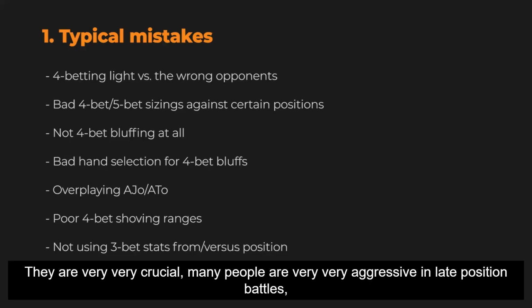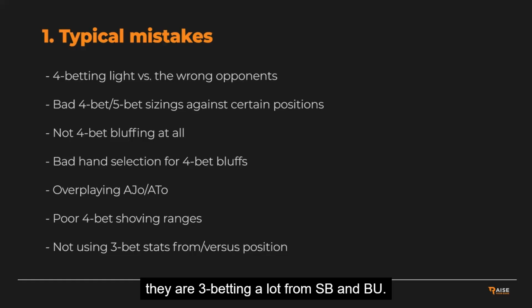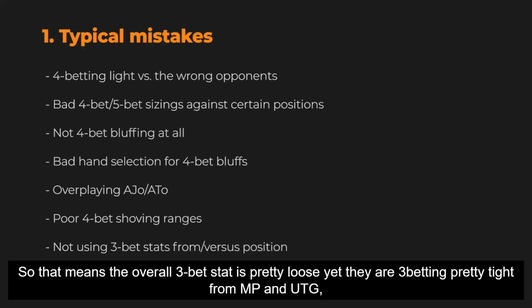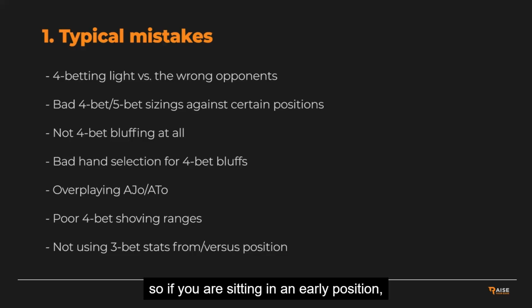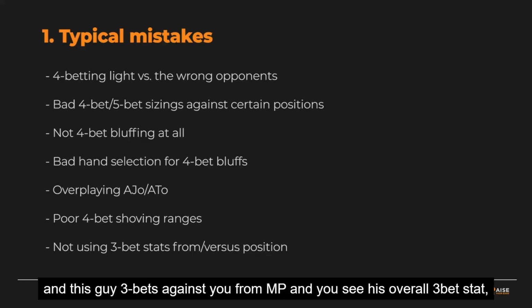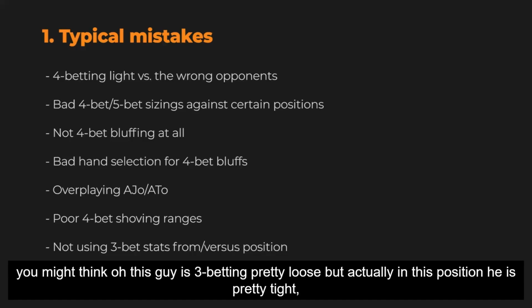They are very crucial. Many people are very aggressive in late position battles. They're 3-betting a lot from small blind and button, so that means the overall 3-bet stat is pretty loose. Yet they are 3-betting pretty tight from MP and under the gun. So if you're sitting in an early position, and this guy 3-bets against you from middle position, you see his overall 3-bet stat and you might think, oh, this guy is 3-betting pretty loose.